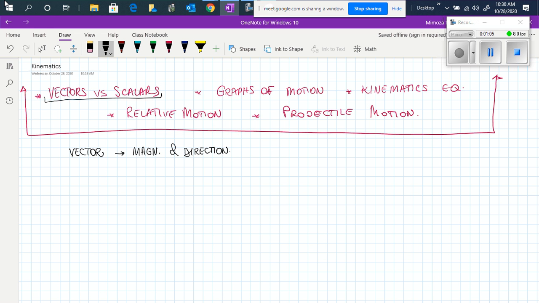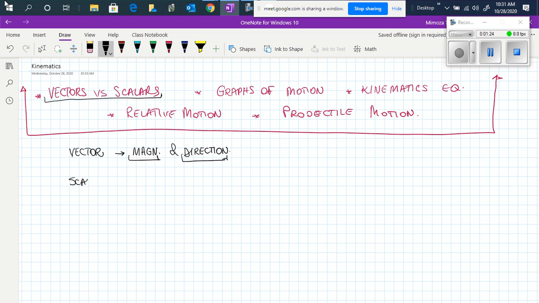So you cannot identify a vector quantity if you are stating only one of them. You have to state both the magnitude and the direction in order to fully describe a vector quantity.